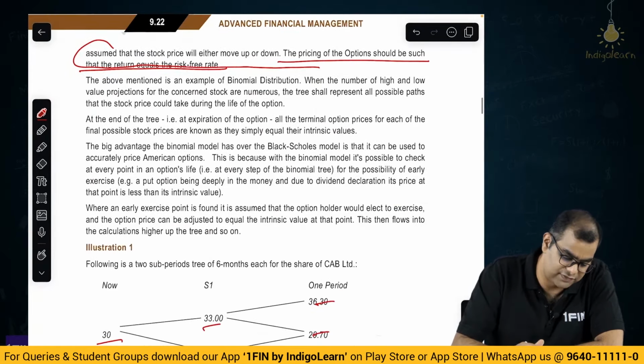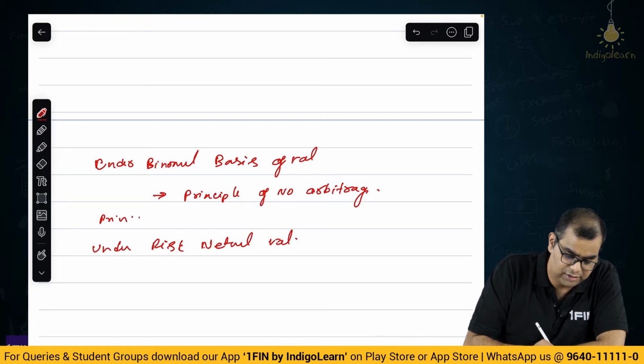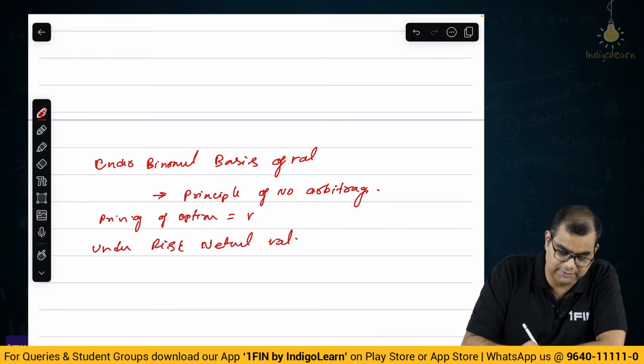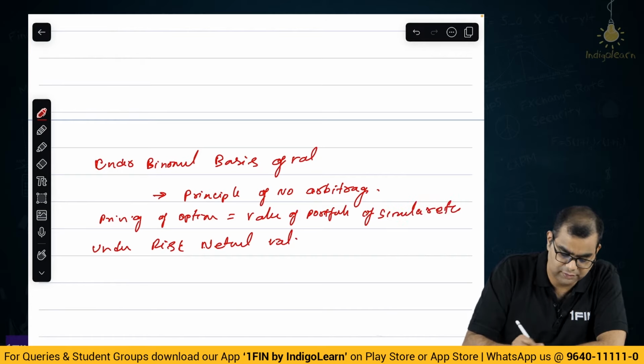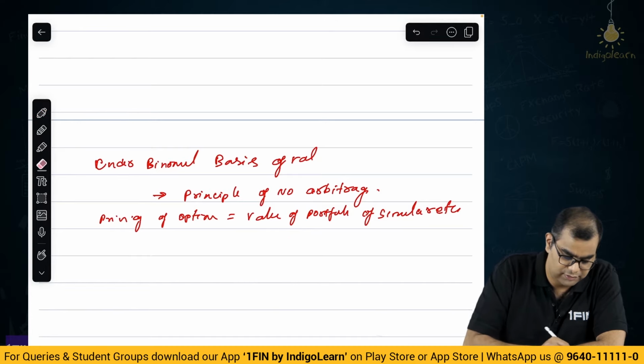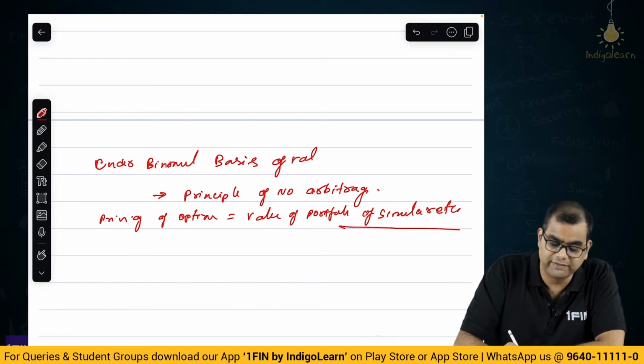So, you basically say, principle of no arbitrage, pricing of option is equal to, I am again using short form, don't write like this in exam, value of a portfolio giving similar returns as option.